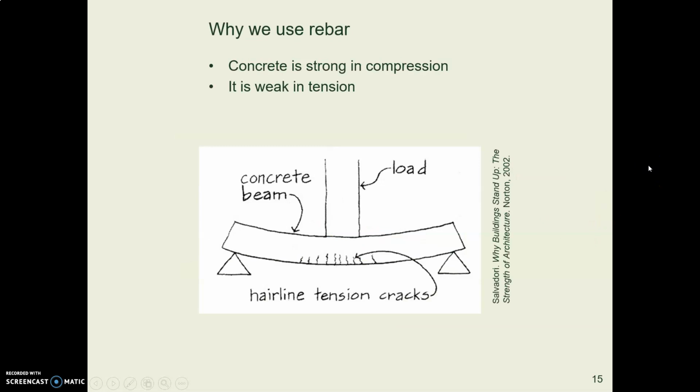And our problem with concrete is that it is weak in tension. So when you put a column on top of a concrete beam and it stretches on the bottom, it's going to crack down there. So we put steel rebar in the bottom, and it's the steel that is actually supporting that tension and keeping the thing from cracking.